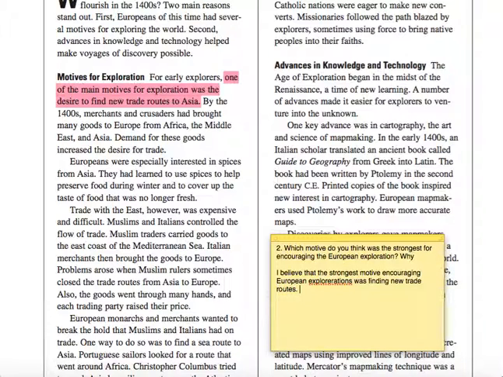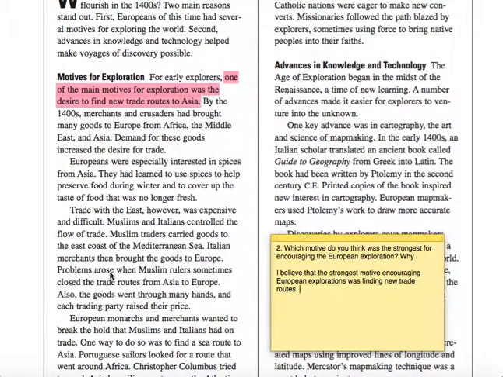So I think I've restated my question and I've answered it. I believe that the strongest motive encouraging European explorations was finding new trade routes. I think that is the strongest motive. And I'm going to tell you why.